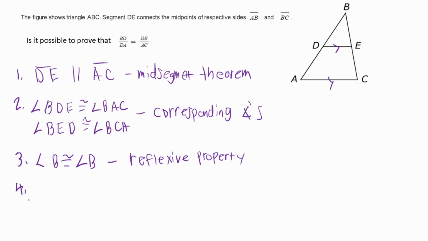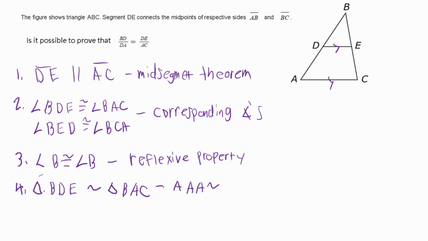Then finally from there we could say, hey, well, that means that these triangles are similar. So triangle BDE is similar, that little squiggly means similar to, triangle BAC. Why? Because of angle-angle similarity.